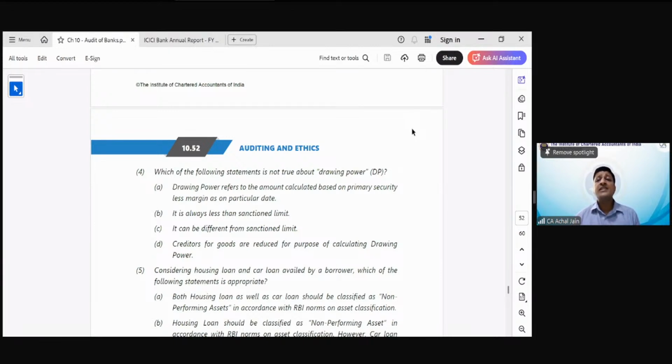Drawing power is always less than sanctioned amount. Drawing power can be different from sanctioned amount. Different means it can be less, more. Creditors for goods are reduced for purposes of calculating drawing power. Over to you. I think it's the most simple one.